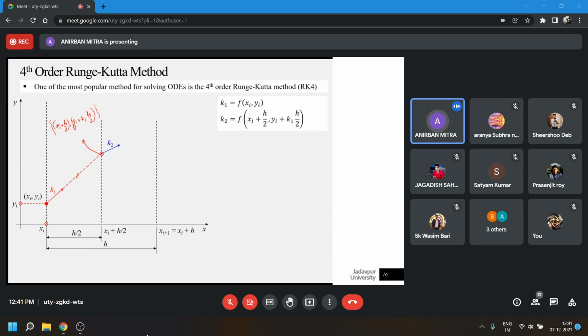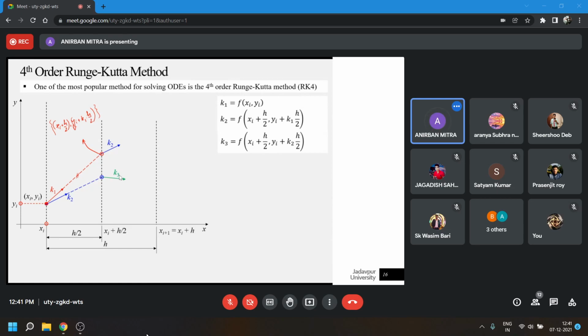Now with this k2, we draw a line from the previous point, that is xi, yi. Extend it like this, and at this point calculate k3. So we know the coordinate of this particular point over here. This coordinate is known, and if you supply that coordinate to the function over here, you will get this slope k3.